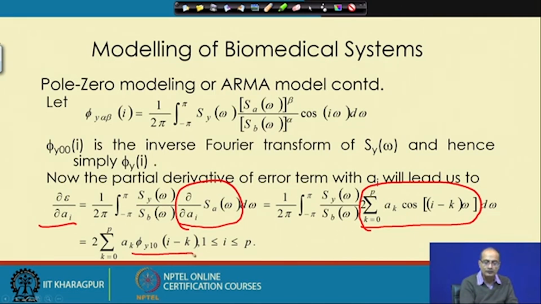The results come in terms of the variable phi_y(1,0). Phi_y(1,0) means that we have one power of S_B, but S_A is not there in the numerator. So, we get the equations in that way.